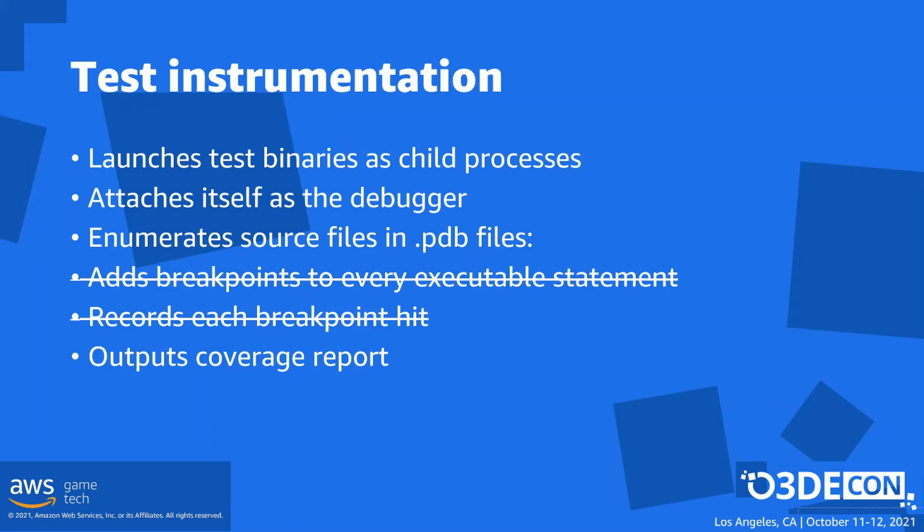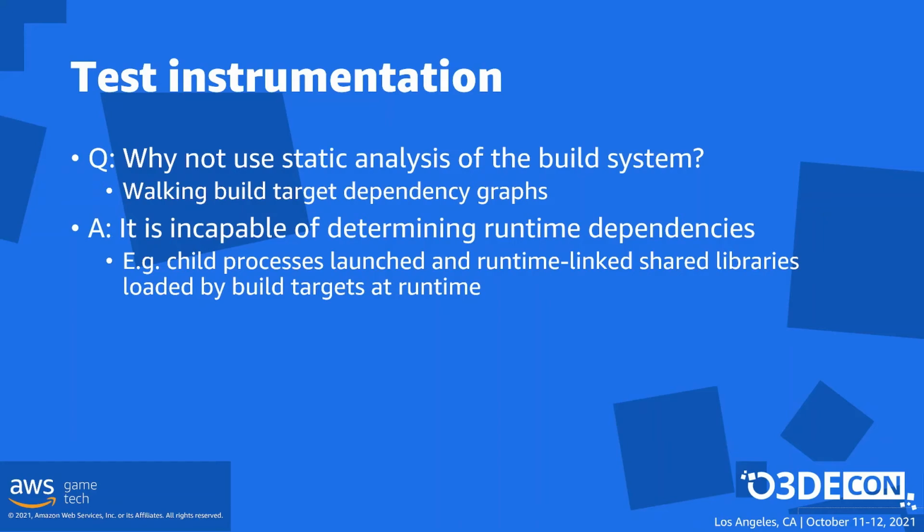You might be thinking this is a lot of work to determine the sources used to build a given test binary, as well as any of its compile time and runtime dependencies. You may also be thinking there are already existing alternatives to test impact analysis that simply use static analysis of the build system.